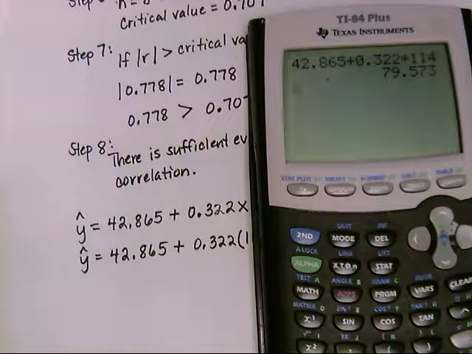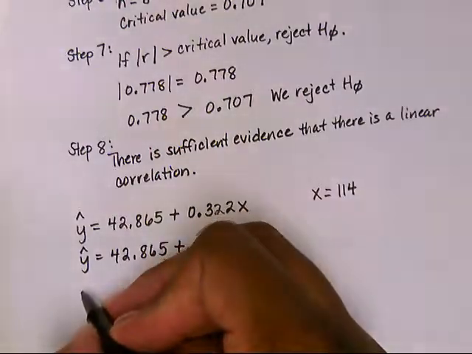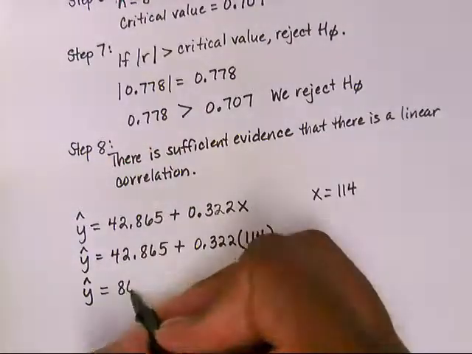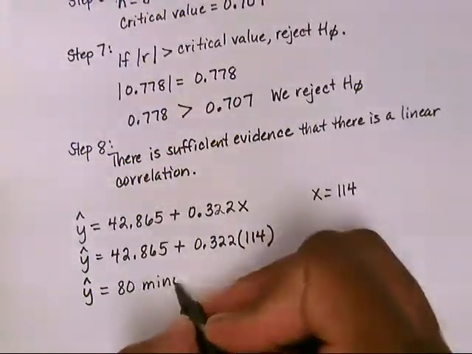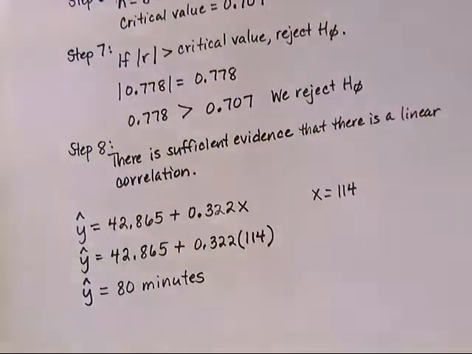Now I'm going to round this off to the nearest whole number, so that would be like 79, well, actually 80. Since our data values are to a whole number, so we'll round that off to the nearest whole number. And this will be 80 minutes. And that will be the predicted time of the interval after an eruption, given that the current eruption has a height of 114 feet.